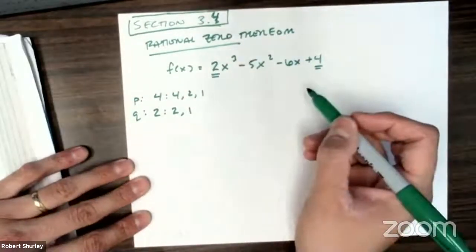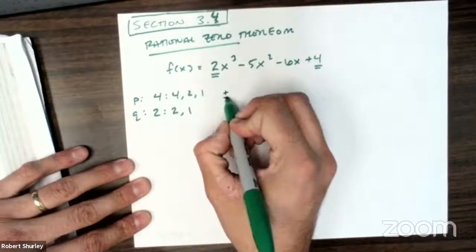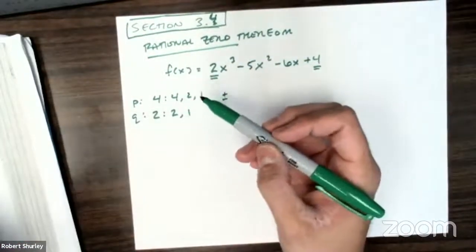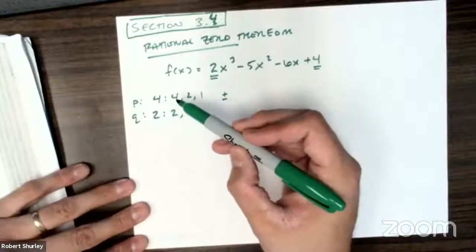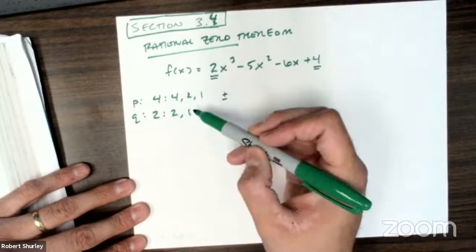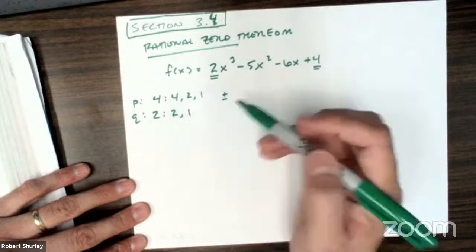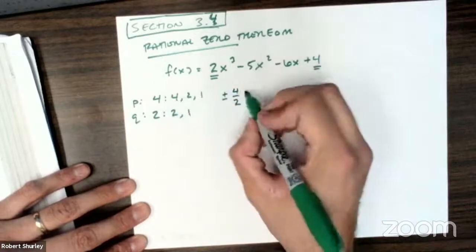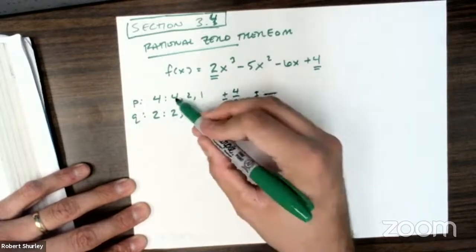So if I want to find all the potential rational zeros, first off, I'm going to put plus or minus in front of all of these. This is how I systematically do it, okay? I take the first P value and I divide it by both of the Q values. So 4 over 2, that's my first one, then 4 divided by 1.